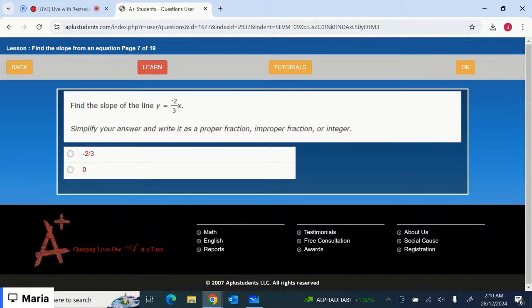Find the slope of the line y equals negative 2 over 3x. So which is the correct option? That is negative 2 by 3. You can complete the lesson by yourself later today. Let me just move on to the next lesson.